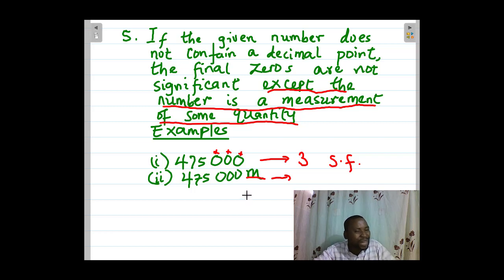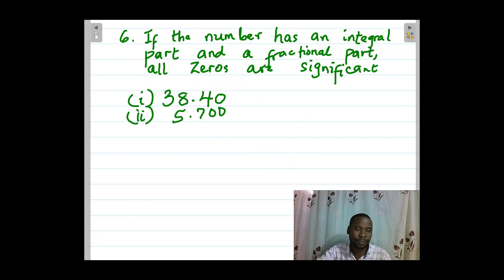Because it is a measurement, once I include a measurement there, these zeros will now become significant. So in this case, we have 6 significant figures. Here there are 3 significant figures because it was not a measurement of anything. It was just an ordinary number. But here, because it's a measurement, this has 6 significant figures.